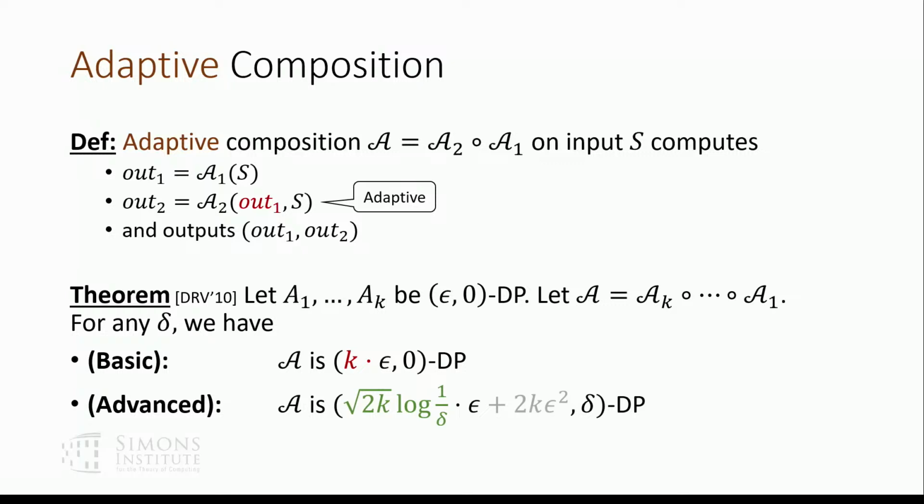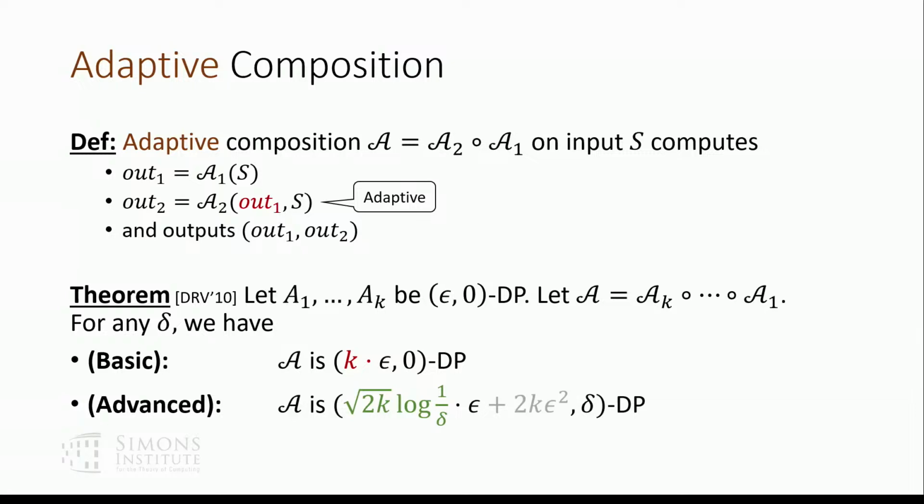And now, what's cool about differential privacy is that it preserves privacy under adaptive composition. So if you have k copies of these epsilon_0-DP algorithms, and you compose these k algorithms adaptively, then the first basic analysis shows that A is k epsilon_0 private.